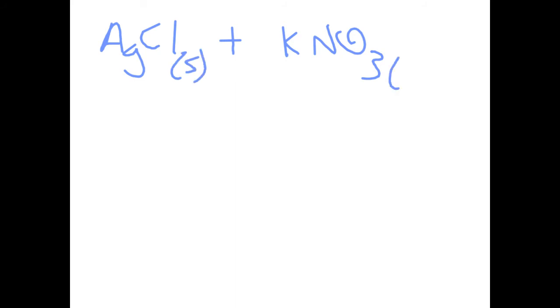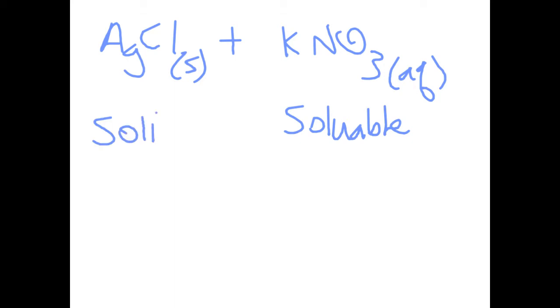The first one's insoluble. This is a solid. And the other is soluble. Potassium and nitrate. Nitrate is also one of those that is always soluble. So, it's aqueous. That means it's soluble. This silver chloride is a solid. Okay? It is insoluble.